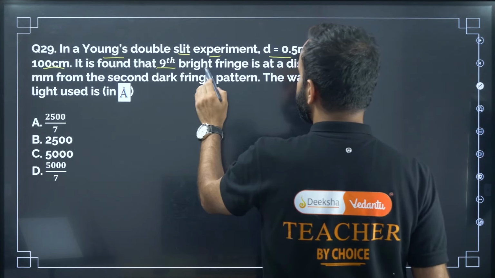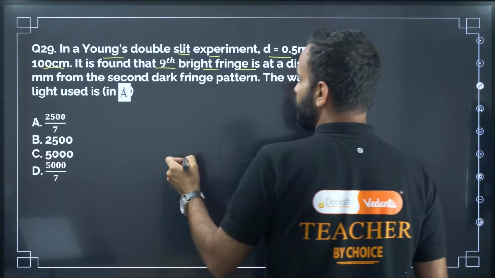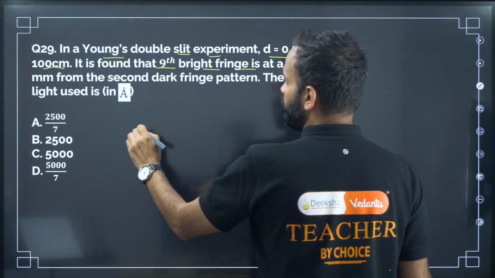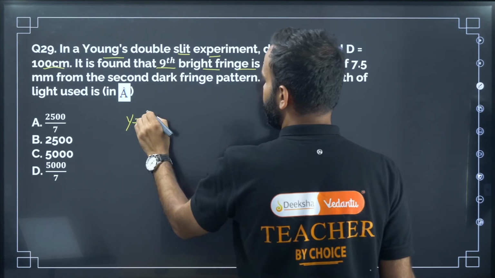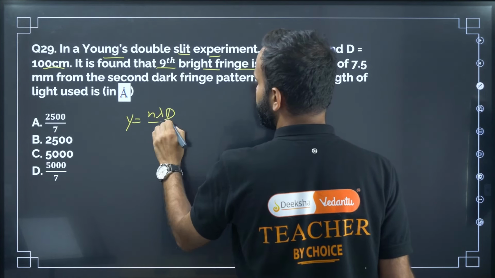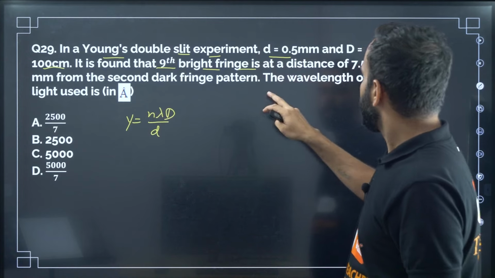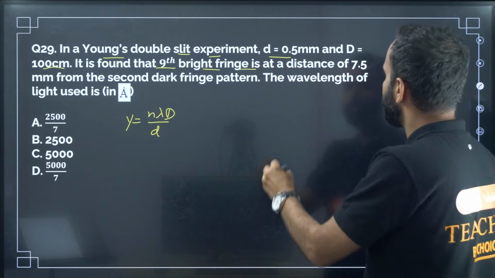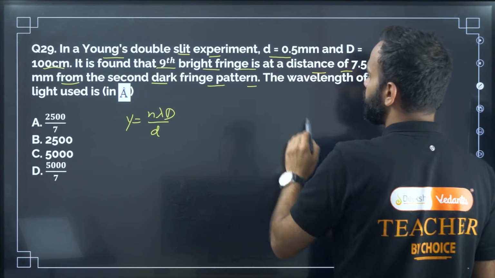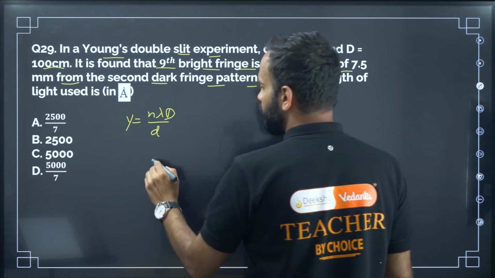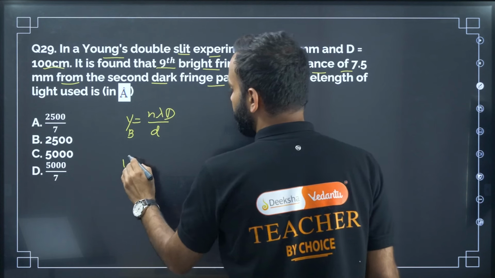It is found that the ninth bright fringe, when we will get bright fringe, here y equal to n lambda D divided by d. So this is the condition for bright fringe, or constructive interference, at a distance of 7.5 millimeter from the second dark fringe pattern. Here this is bright, constructive interference.